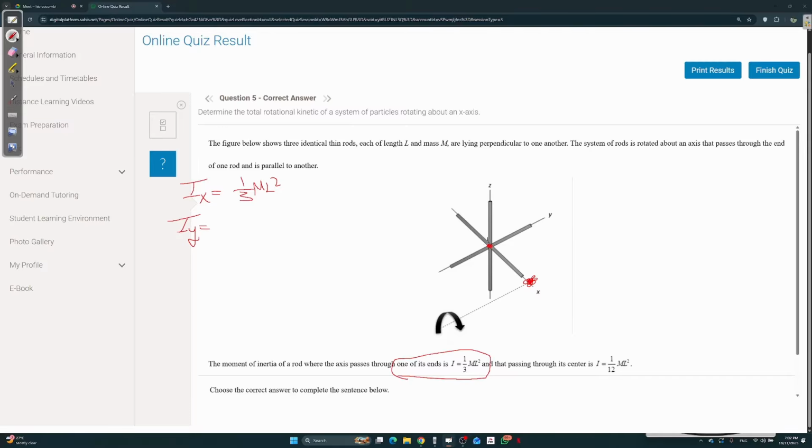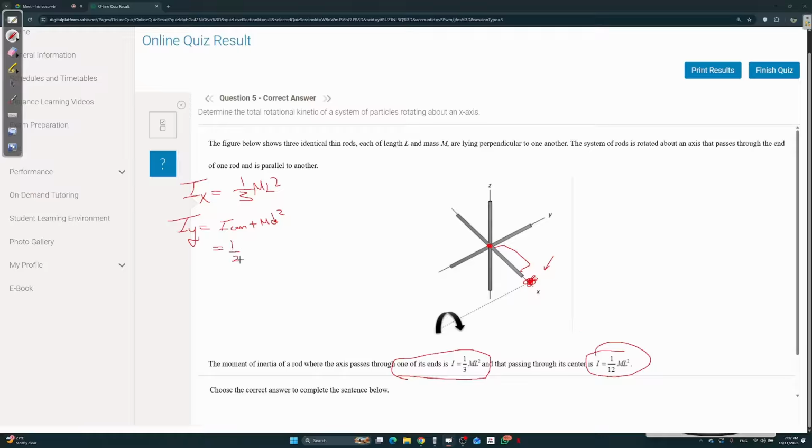Now Iy. Its center is over here. Since we're taking the axis here, Iy will be the normal moment of inertia plus md squared. So for Iy, it's going to be the normal I plus m times the distance squared. What's the center of mass of y? It's at the center. What they gave us is 1 over 12 ml squared.